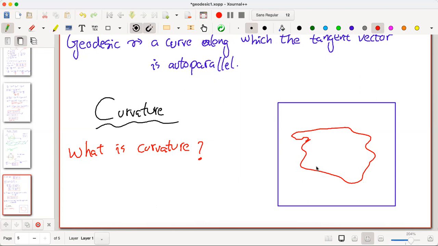But that's not the case if the manifold is not flat. So here you have a notion to determine the curvature of a manifold.